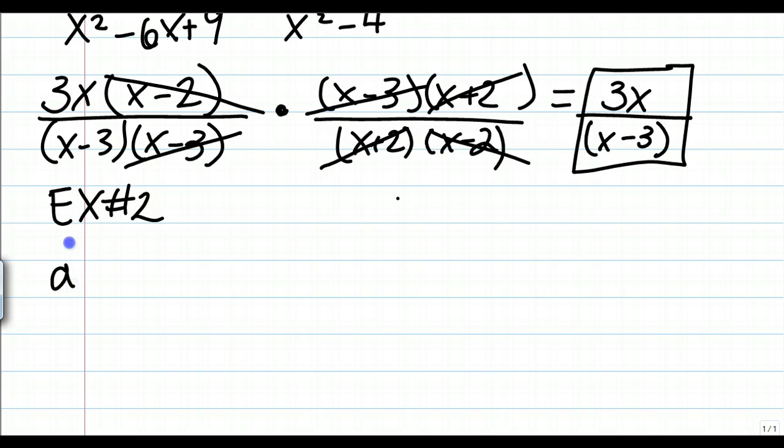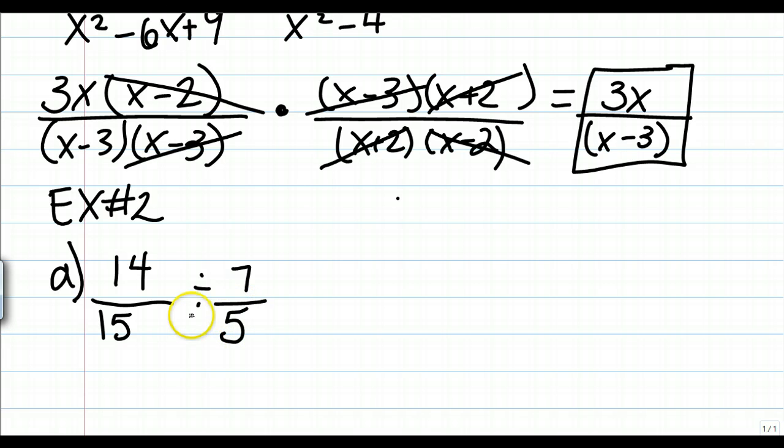What if I gave you 14 over 15 divided by 7 over 5? Here we have division, and if you remember, whenever you have a division sign, you have to take the reciprocal and multiply. So we'd have 14 over 15 times 5 over 7.